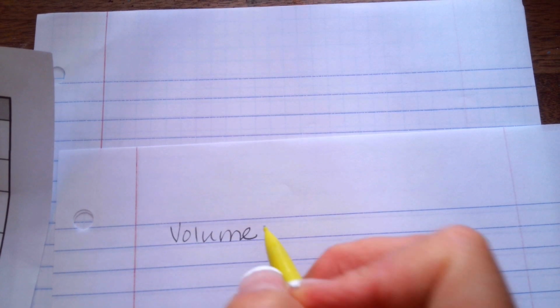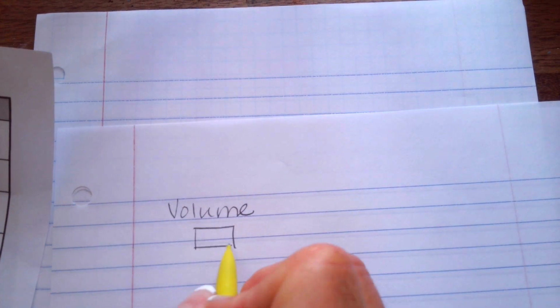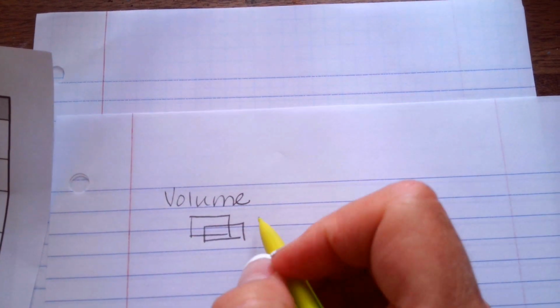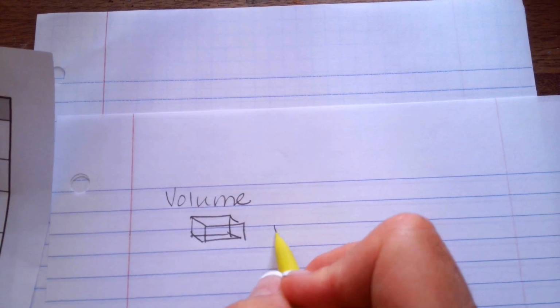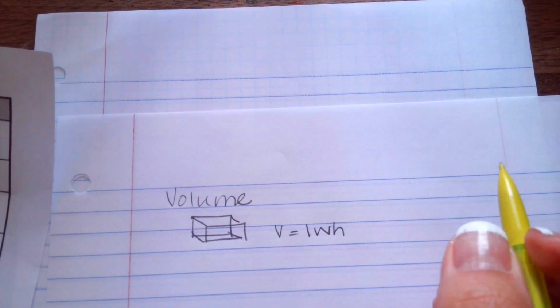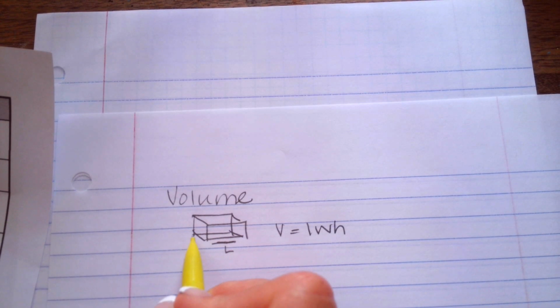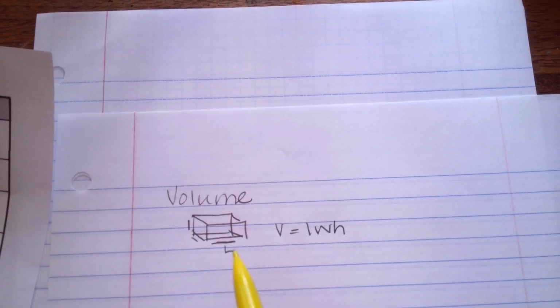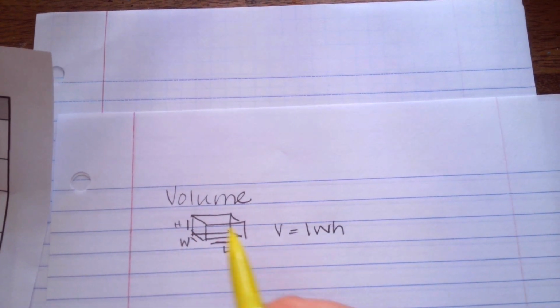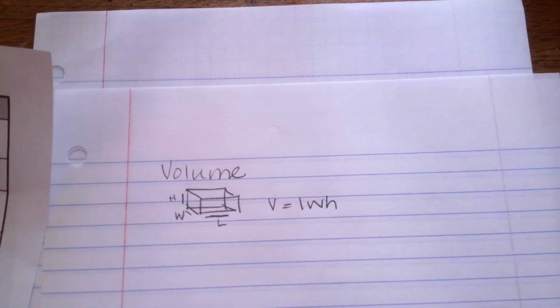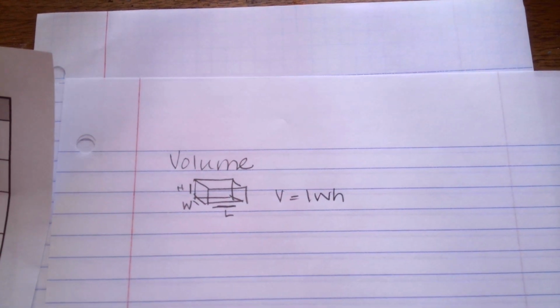Oh, okay. For volume, a rectangular prism is length times width times height. So this is the length, this is the width, and this is the height. We went over that one on our last video.